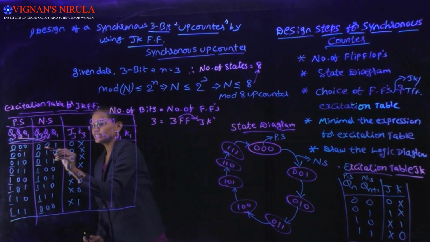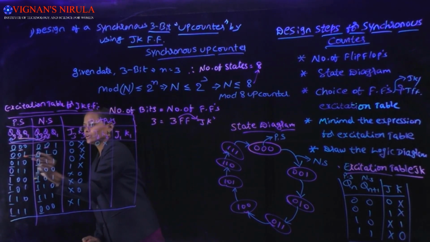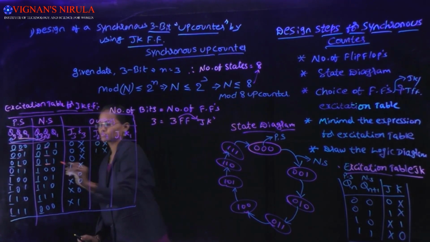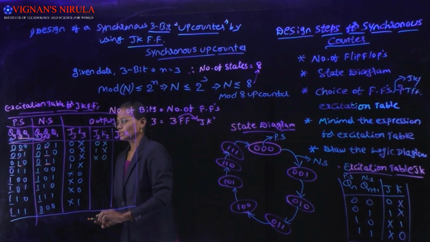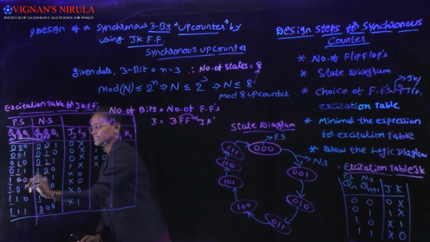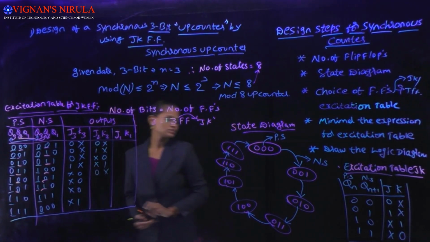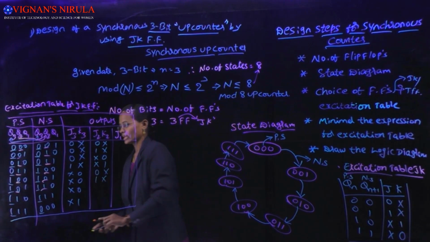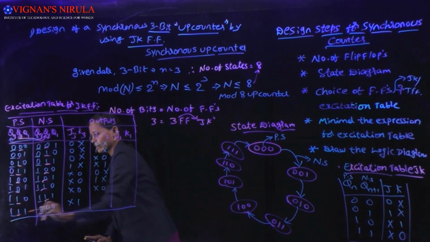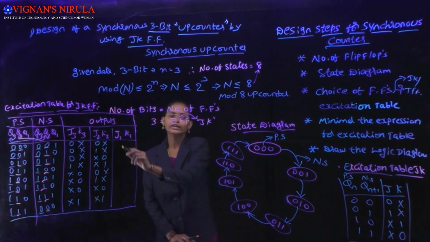Okay, 0 0 gives 0 x, then 0 1 gives 1 x, then 1 1 gives x 0, and 1 0 gives x 1. And again 0 x, 1 x, x 0, and x 1. Okay, these are the J2, K2 outputs.